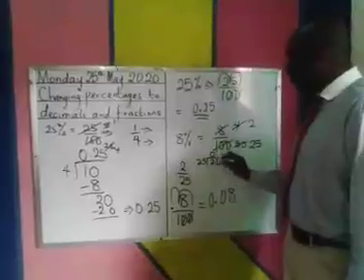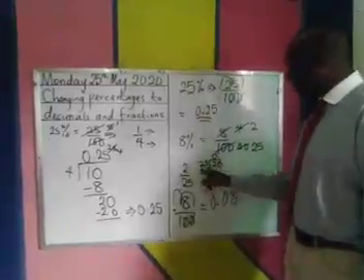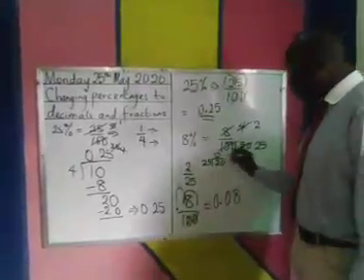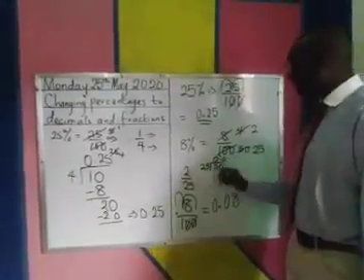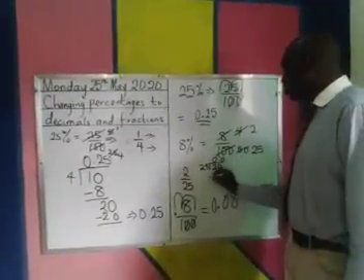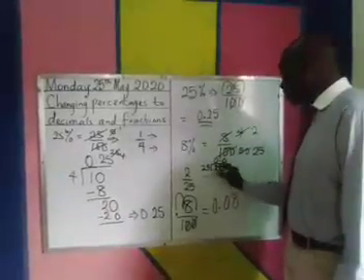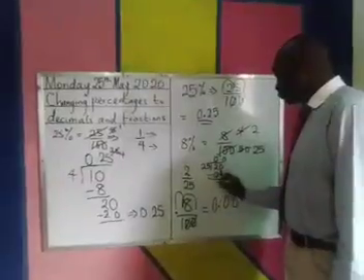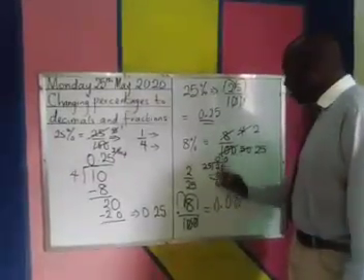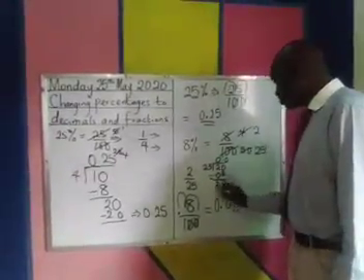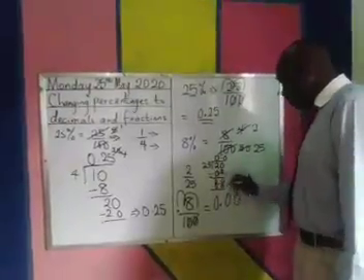Then you have 20. Can 25 divide 20? No. So you say 0 times 25 is still 0. Okay, 0 times this is what? 0, 0. You have 20. Now it's still 0, 0. It's still 20.